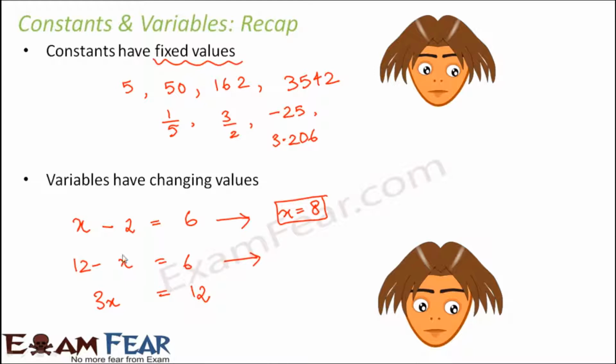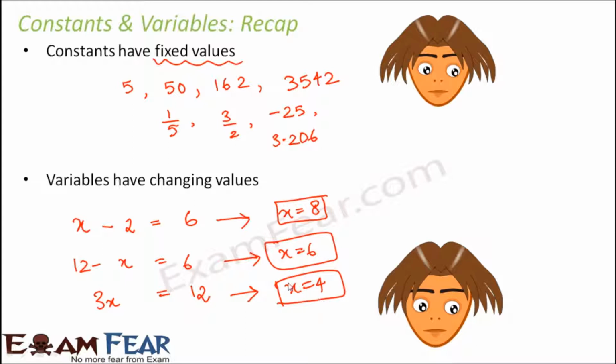Similarly, when you find the value of x in this equation, you see that the value of x here is 6. When you put x is equal to 6, 12 minus 6 is 6. In the third equation, the value of x is 4. When you put x is equal to 4, 3 into 4 is 12. So what is happening?